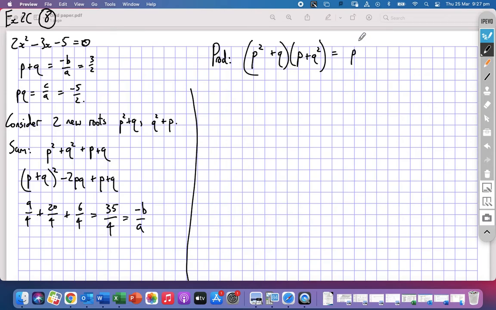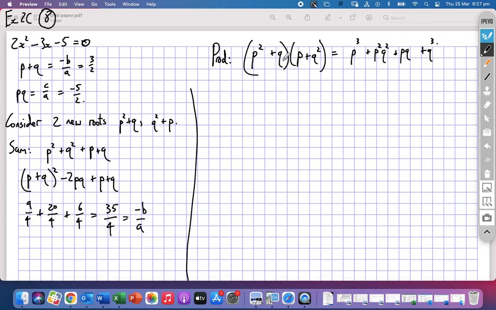We get p cubed. We get p squared q squared, which I'm actually okay with. The p cubed I'm not happy about at all. So that was outside. Inside, pq, and last is a q cubed.